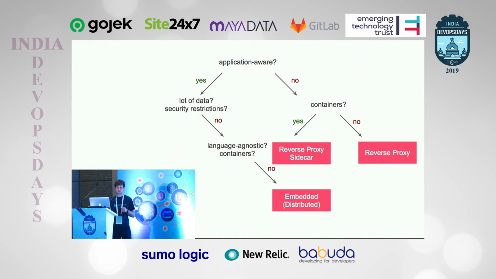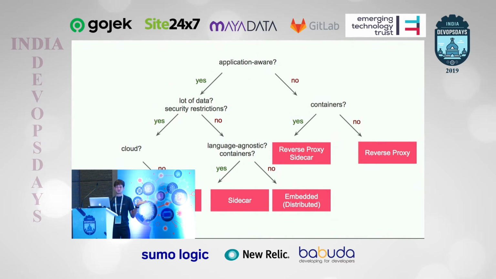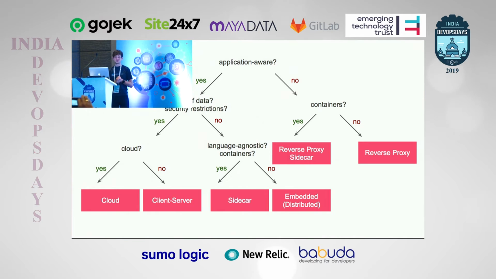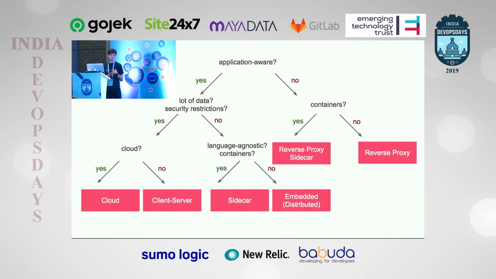However, if you use containers or you want to have language agnostic, sidecar is the way to go. Now, if you work in a big organization and you have a lot of data and some security restrictions, then the last question you need to ask yourself: is my infrastructure a cloud? If no, then use client-server, set up your server. If yes, then use the cloud version of a cache provider.